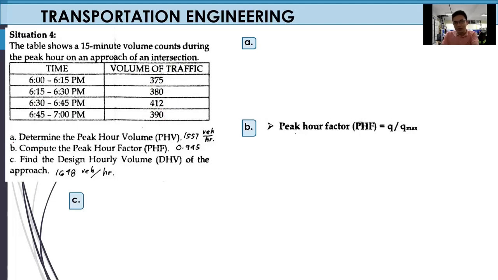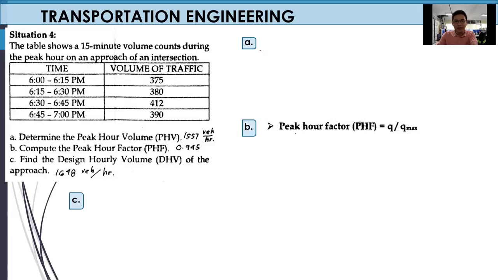So first one, we need to determine the peak hour volume. Okay. Second would be we need to compute the peak hour factor. And the last one would be the determination of the design hourly volume of the approach itself.